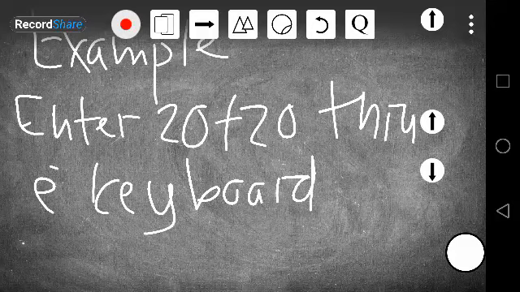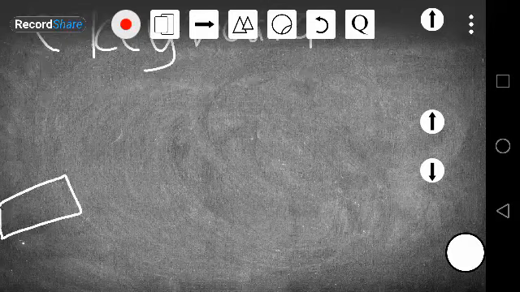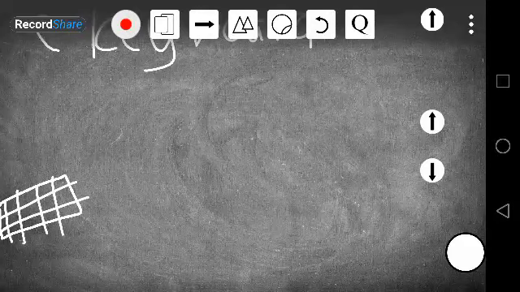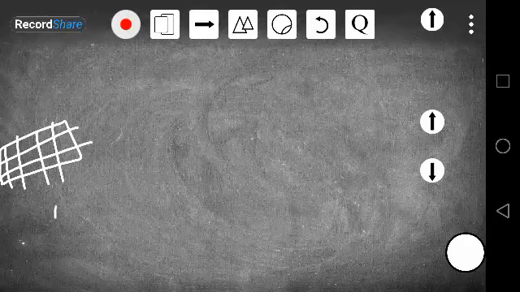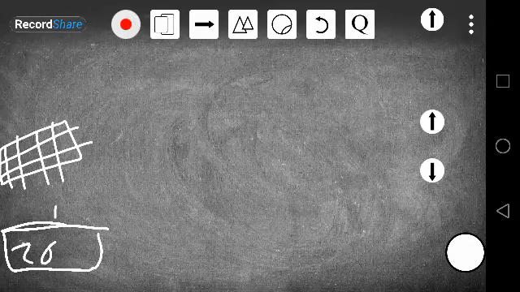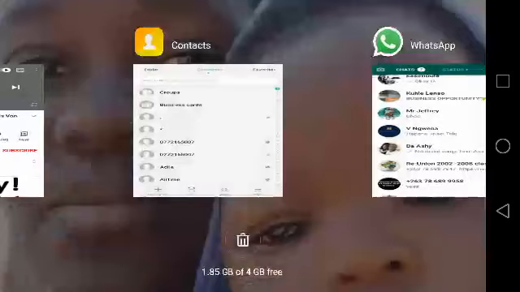This is our keyboard, and we enter 20 plus 20. This is regarded as input.